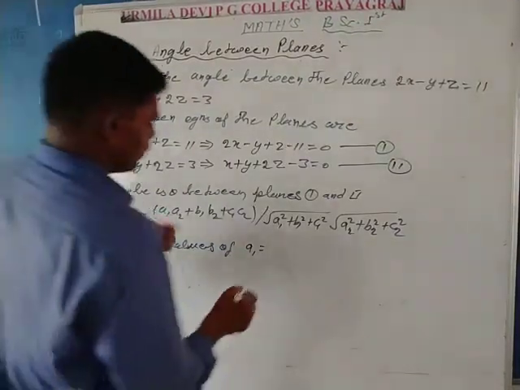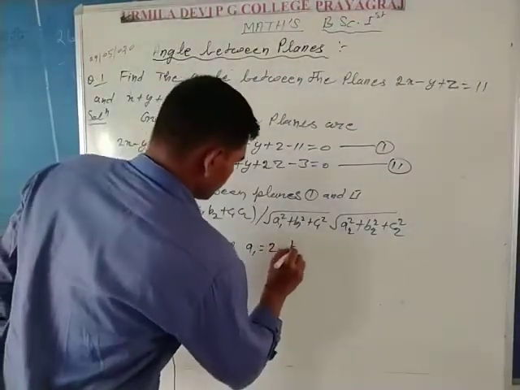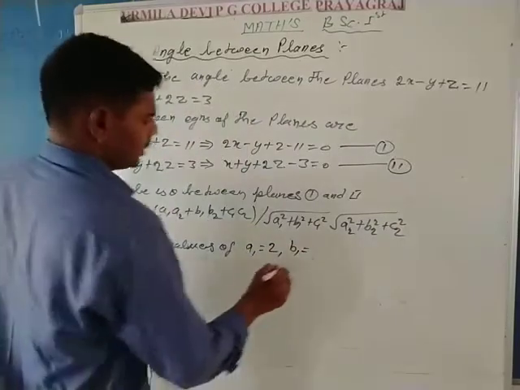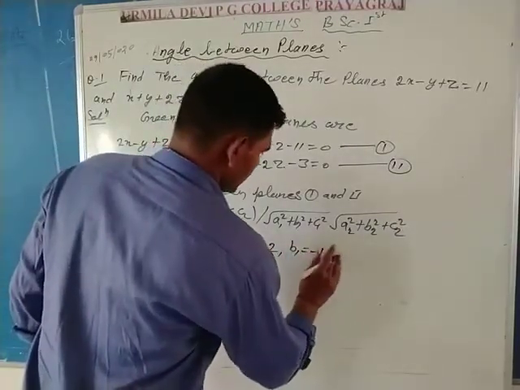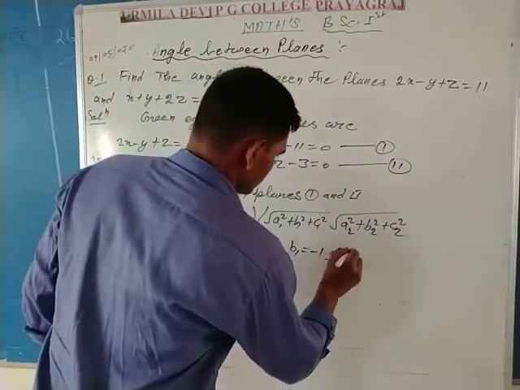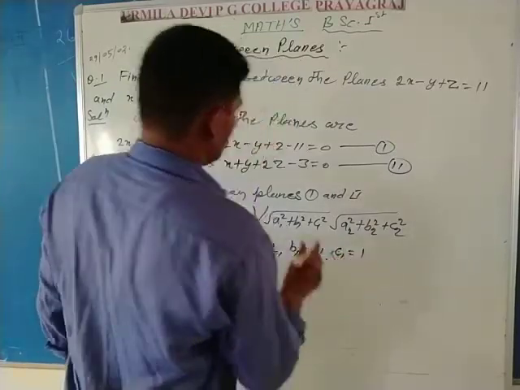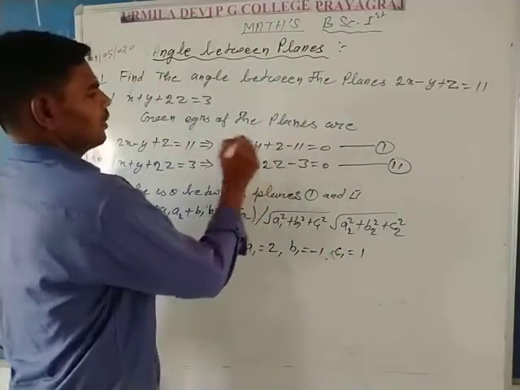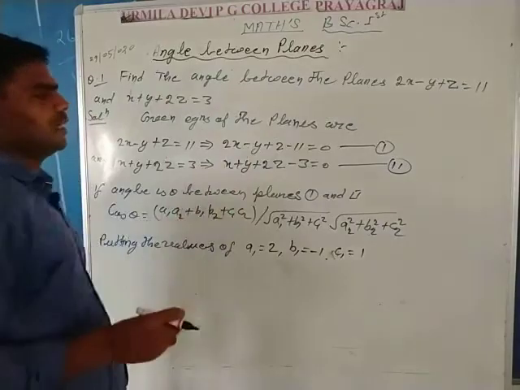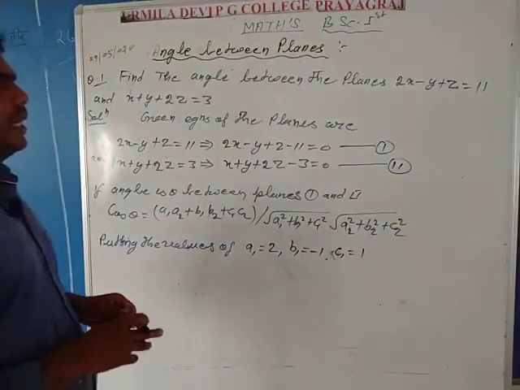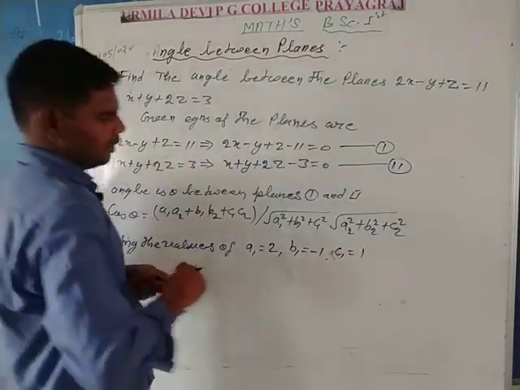Therefore, a1 is equal to 2, b1 is equal to minus 1, and c1 is equal to 1, because the coefficient of z is 1, the coefficient of y is minus 1, and the coefficient of x is 2.